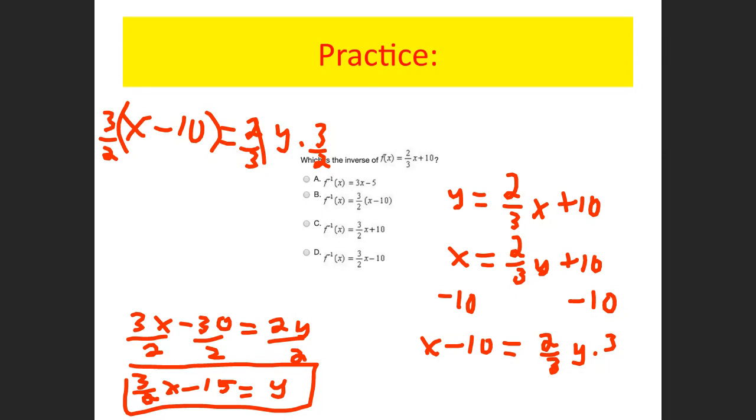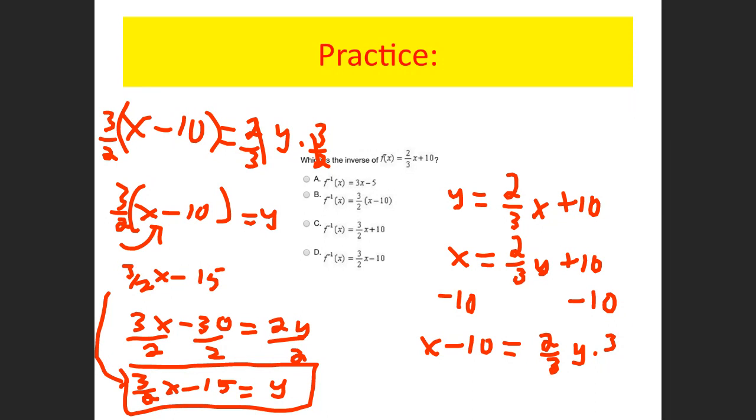So the 2/3 crosses out the 3/2. So y is equal to 3/2 x minus 10 times 3/2. Now, if you don't agree with me, multiply through here. That would give me 3/2 x minus 3/2 times 10. That gives me 30 over 2, which is 15. So it is the same answer that I had. It's just they have it written in a different form. So I'm going to go with letter B here for my answer.